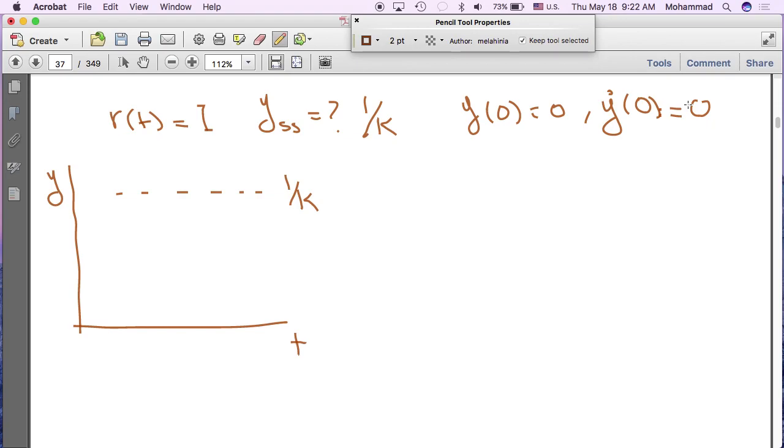Does anyone have any sketch? How does it look? Yes. Will it overshoot the steady state? So what you're saying, this would start from here, yes? And then go up.